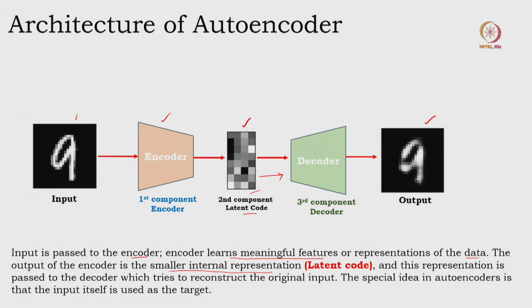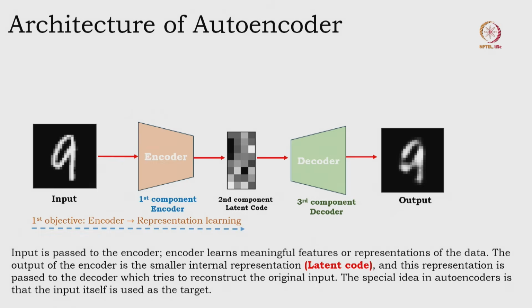This smaller internal representation is what we call the latent code. This latent code is passed to a decoder, and the role of the decoder is to reconstruct the original input. So this is the working mechanism of an autoencoder.